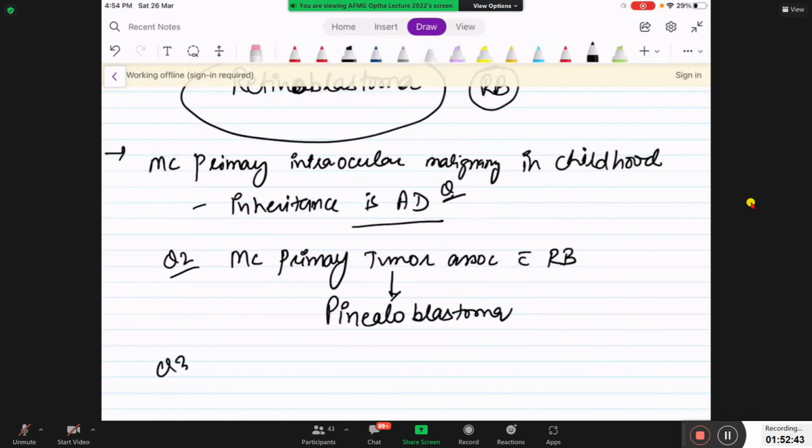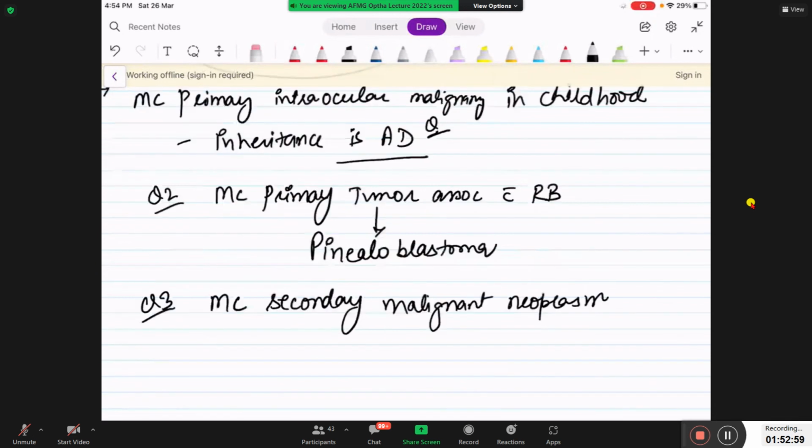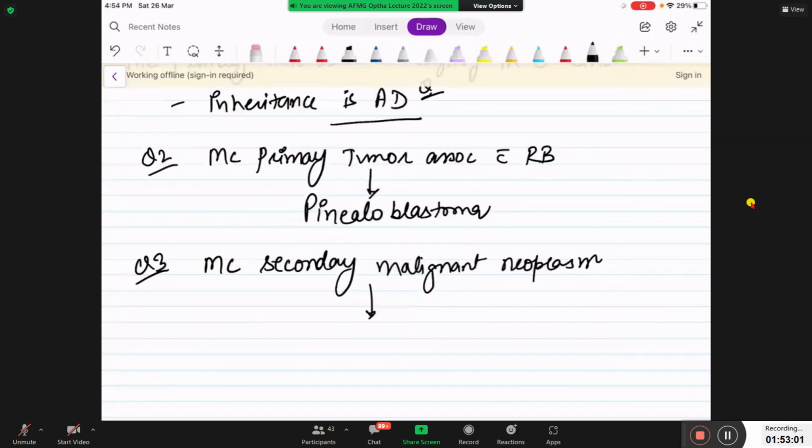Question number 3, write down. Most common secondary malignant tumor associated with retinoblastoma, osteosarcoma.